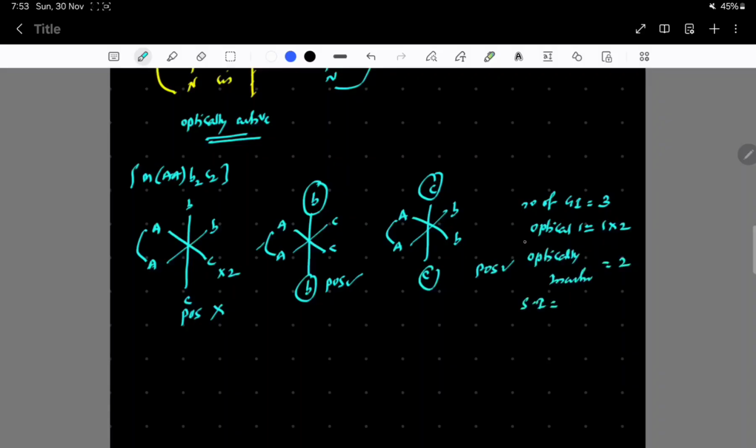Here I will take only one enantiomeric pair, and this enantiomeric pair is equal to only one. Number of geometrical isomers 3 and one enantiomeric pair, the total answer will be 4, right? So this is the example of MAA₄B₂C₂.